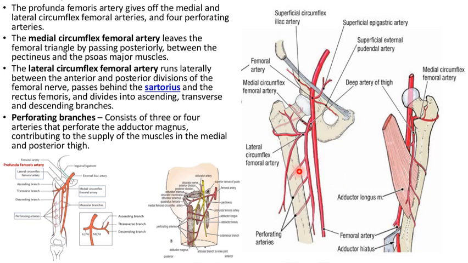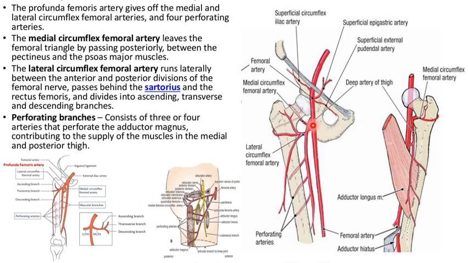Okay, so this is the medial circumflex femoral artery. It leaves the femoral triangle passing posteriorly between the pectineus and the psoas major muscles, and this medial circumflex femoral artery is between the anterior and posterior divisions of the obturator nerve, whereas the lateral circumflex femoral artery, as we have seen, is between the anterior and posterior divisions of the femoral nerve.